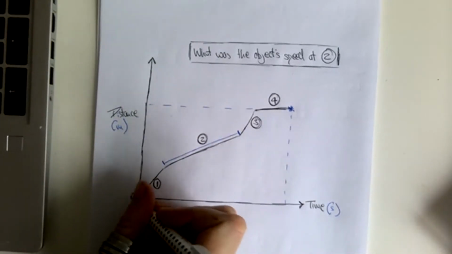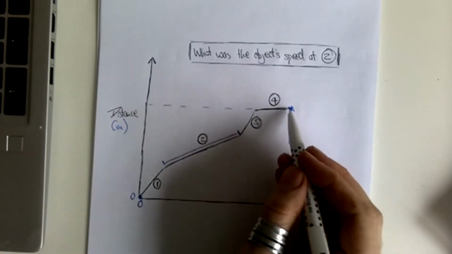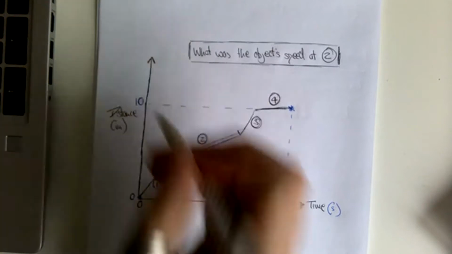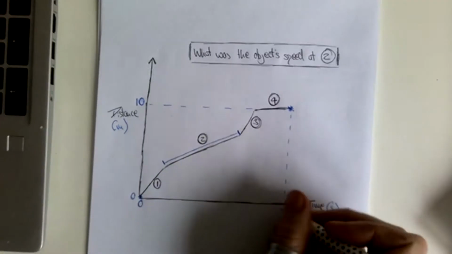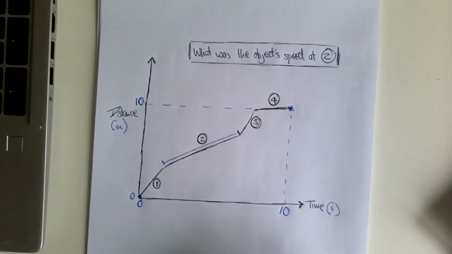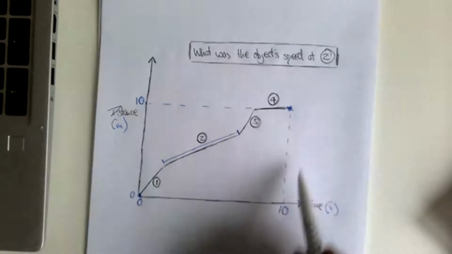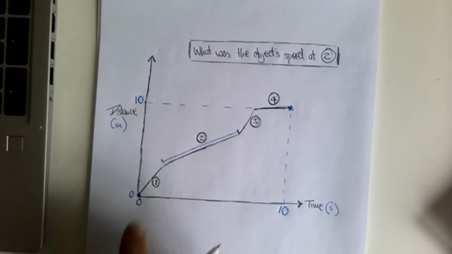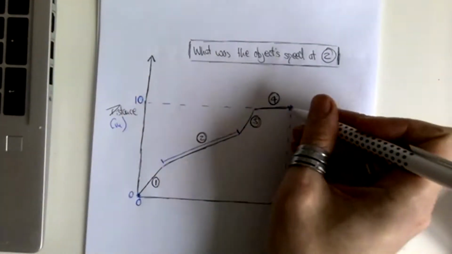That's relatively simple to do, because if we take our final point on the graph, and let's say that we imagine that that is 10 meters, okay? And we say that this is approximately 10 seconds, we can work out average speed for the total distance of the journey that the object took over this period of time by going, right, this is our very end point.